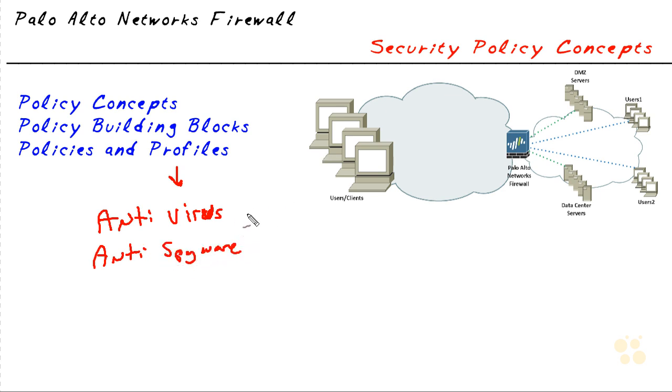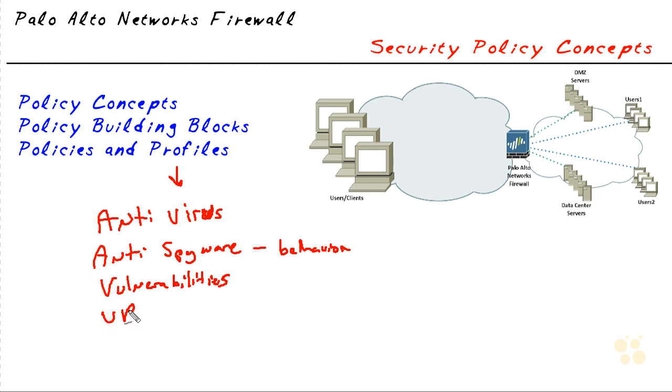Now, antivirus will cover the downloads of spyware or certain malware things, but the function, we'll call it behavior, of spyware or malware, accessing the network, stuff like that, will occur in here. I have a separate profile for vulnerabilities, which are some basic exploits, known exploits on different operating systems, stuff like that.